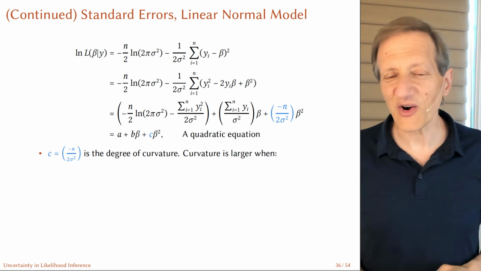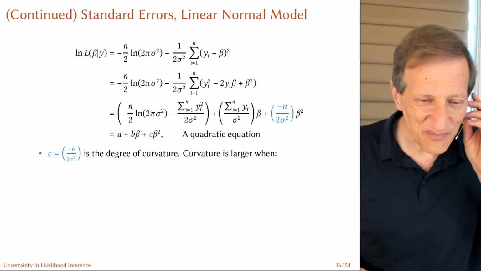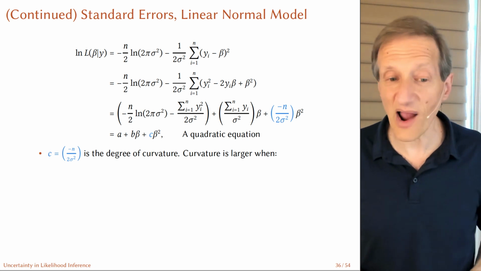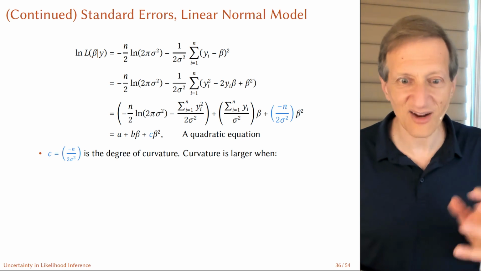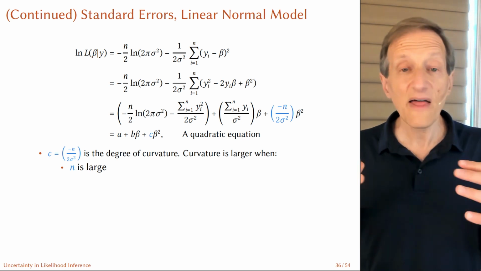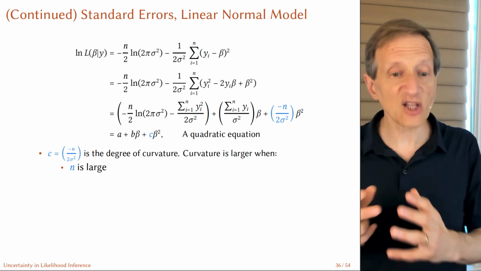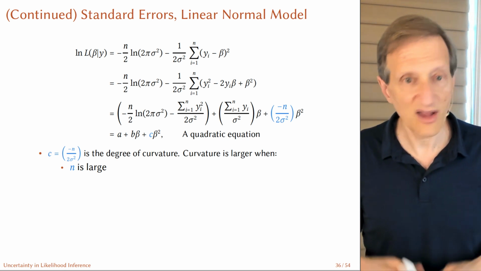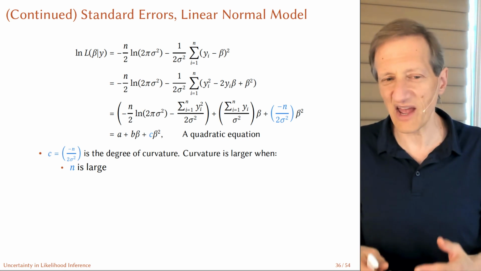Okay, so what does this mean? Let's interpret it. The curvature, c, the parameter, is equal to minus n over 2 sigma squared. Let's interpret that because it has a really interesting meaning. There's more curvature, which means there's more certainty, when n is large, because n is in the numerator here. Well, that makes utter sense, right? The more data we have, the more certainty we have.